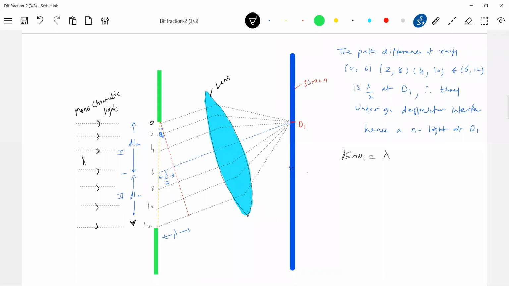We'll write this is y and this was the capital D, the distance between the slit and screen. Any relationship can we write here? We can also draw one small triangle.